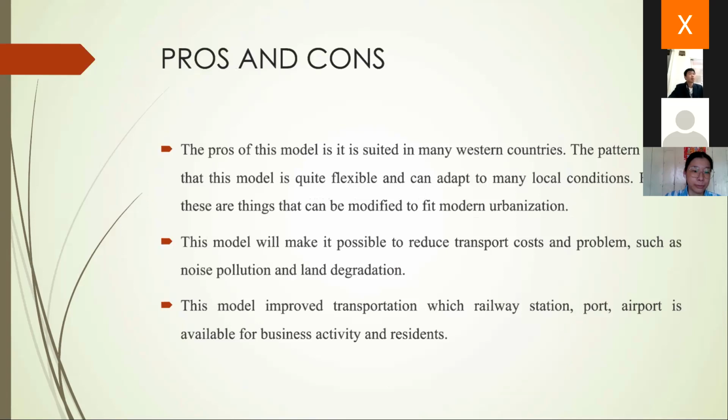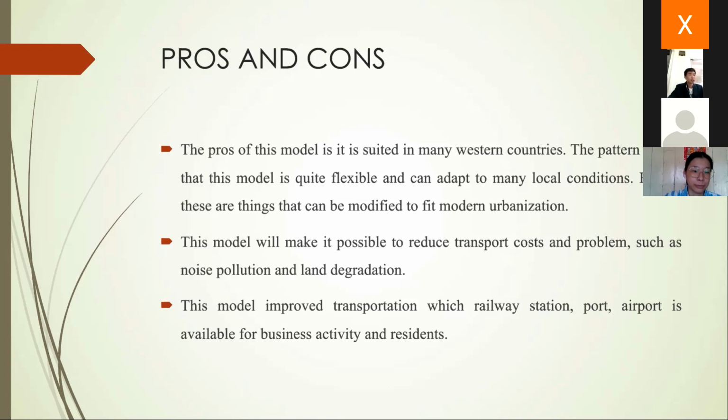The pro of this model is that it suits many Western countries. The pattern shows that this model is quite flexible and can adapt to many local conditions, since there are things that can be modified to fit urbanization.